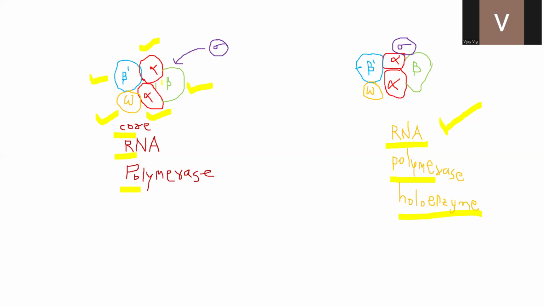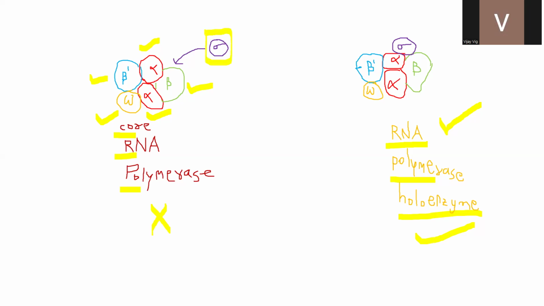The moment you add sigma to the core enzyme, you get a holoenzyme. So why is the RNA polymerase holoenzyme required for initiation? If holoenzyme is not there, can core enzyme do the initiation? No. So the difference between core and holo is this polypeptide sigma.